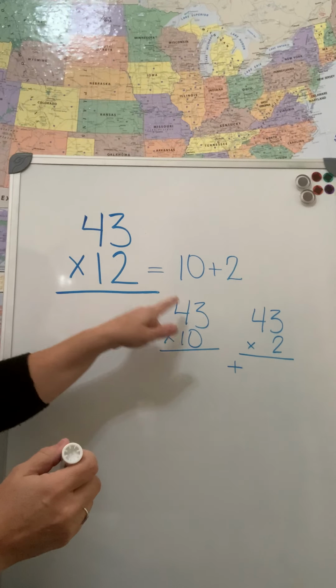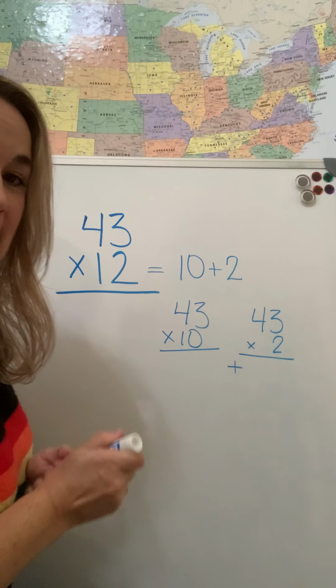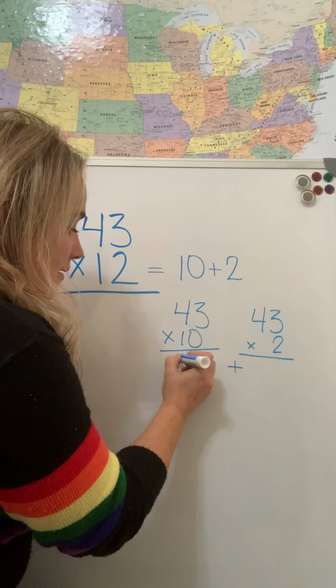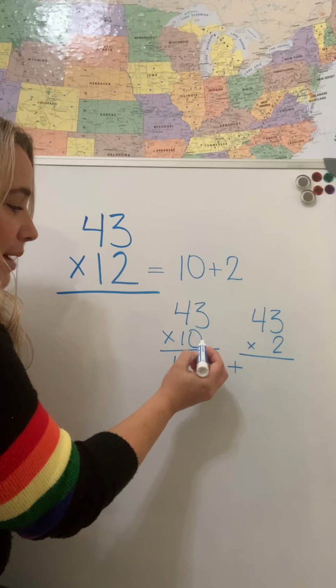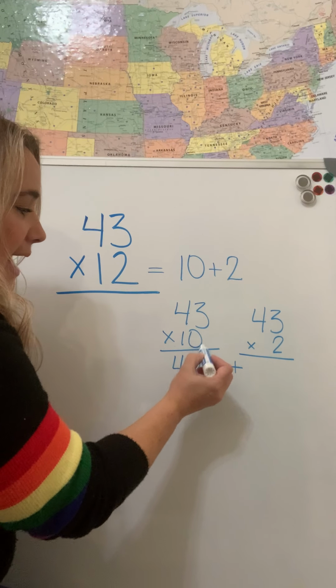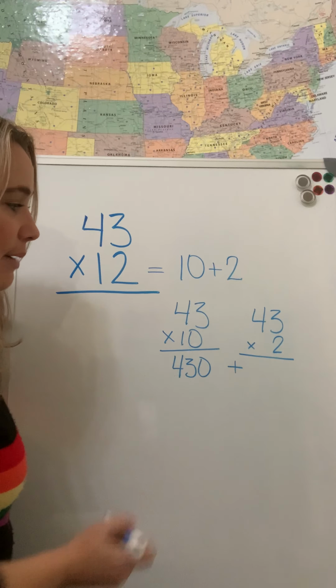Okay, so if we multiply 43 by 10, we're going to get 430, because anytime we multiply by tens, we can just add that 0 to our number.